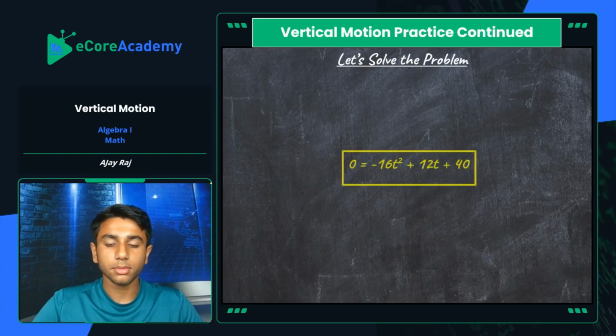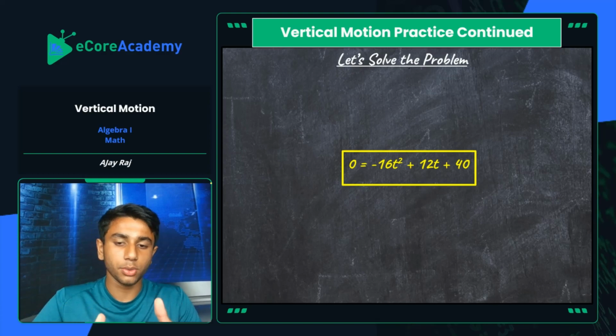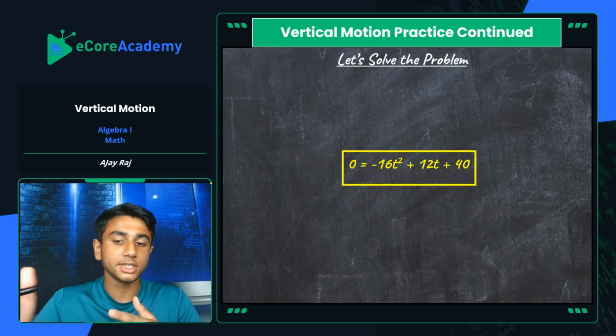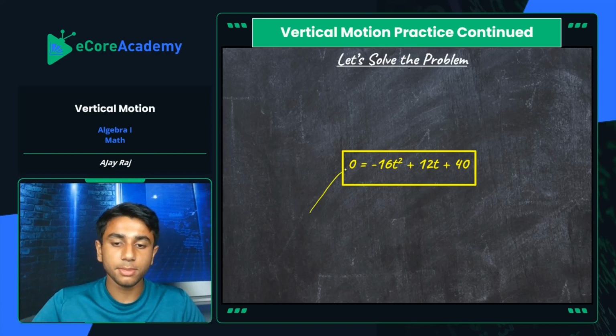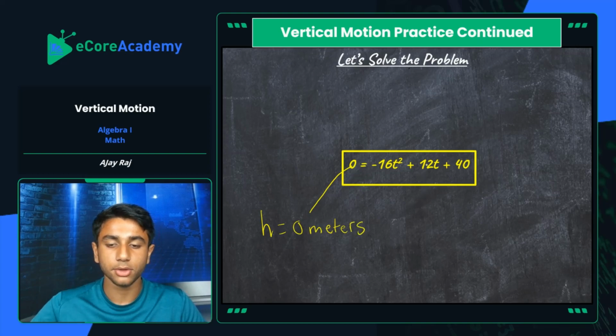So let's solve the problem. We're given this equation here. And remember, the original equation was h equals negative 16t squared plus vt plus s. Our 0 on the side here is going to be our height. We're looking for 0 meters when the ball is going to hit the ground from the skyscraper's window. And then, of course, here it's negative 16t squared, that's the time squared.